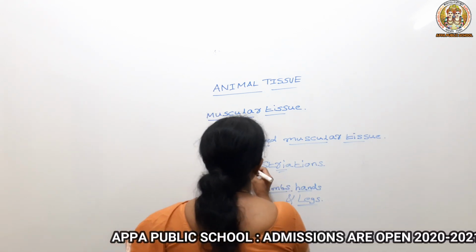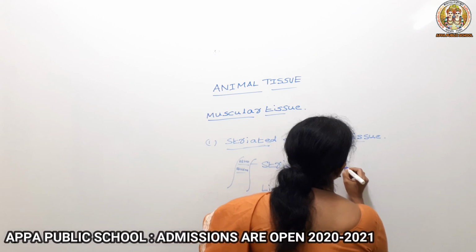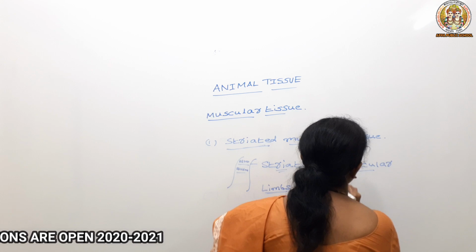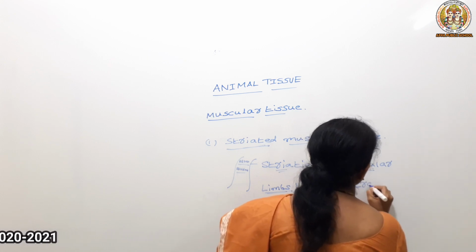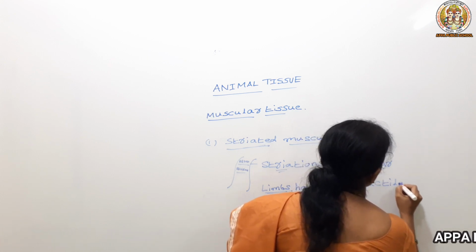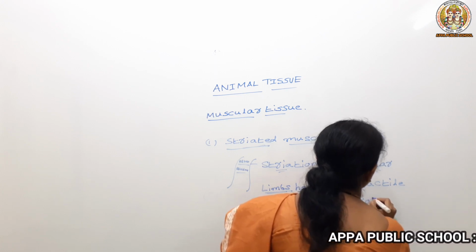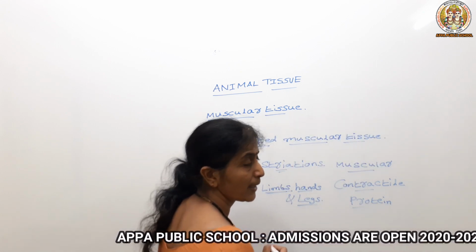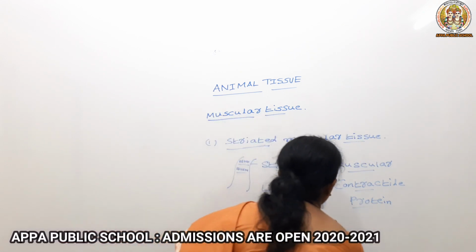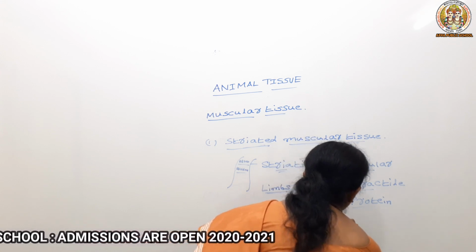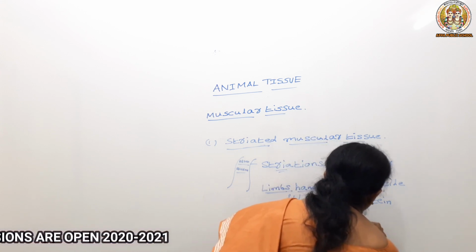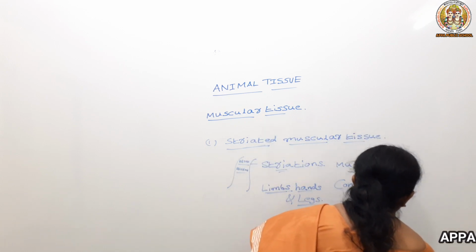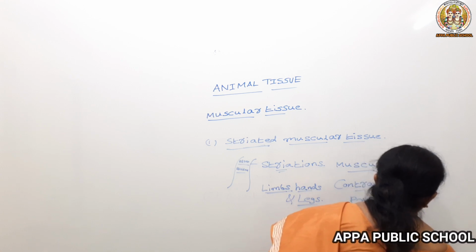This muscular tissue consists of a protein known as contractile protein. Due to the presence of this protein, these muscles are capable of rhythmic contraction and relaxation.